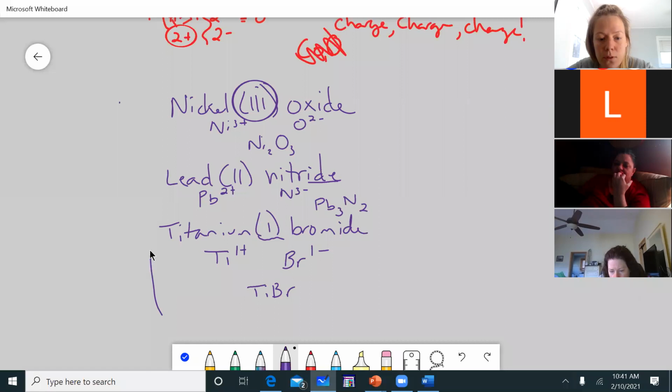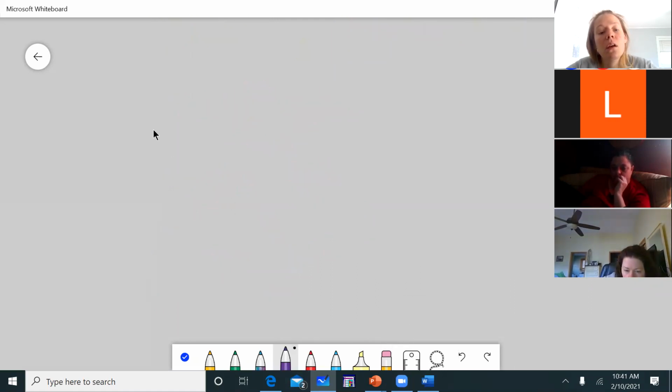So I'll do one of those for you. Cu NO2. There's a couple things going on here. I've got a metal and it has an unpredictable charge. So this is copper. I'm just going to write out copper.